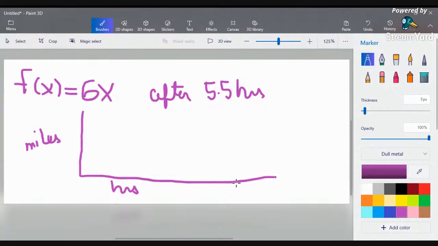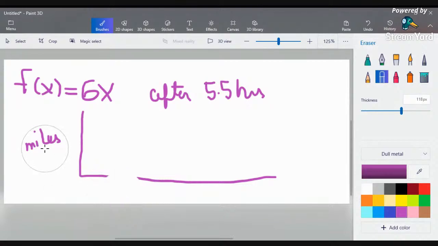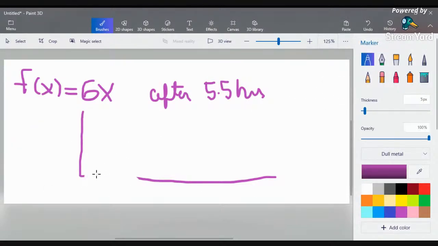This is the x-axis. Let's change the miles and hours so that it fits. This is for number of hours. This is for miles. Okay, so 6 miles per hour. 1 hour, 2 hours, 3, 4, 5, 6. So we have 6.